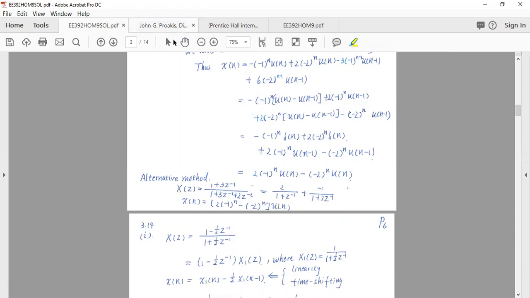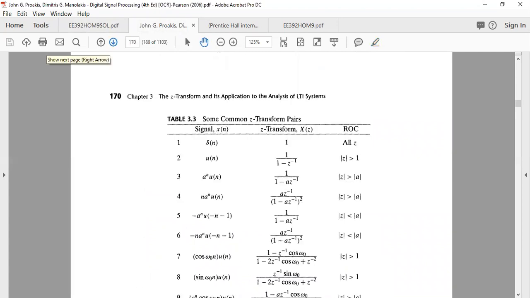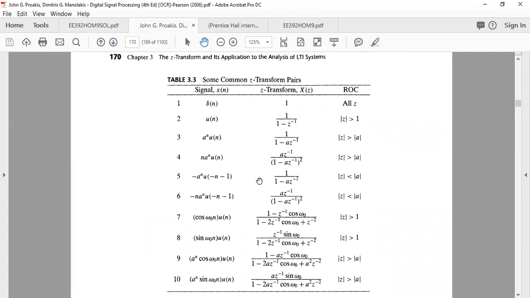Again, going back to our table, page number 170, we have the table over here. You can see that for z greater than the magnitude of a, as long as the region of convergence falls on the outside boundary, towards infinity, it is a causal system.